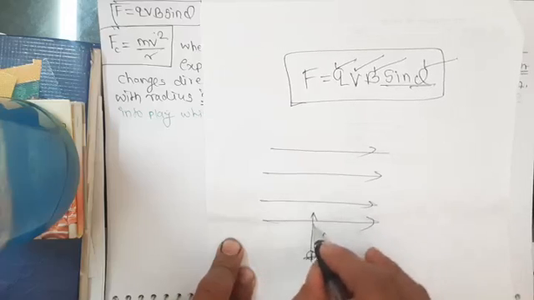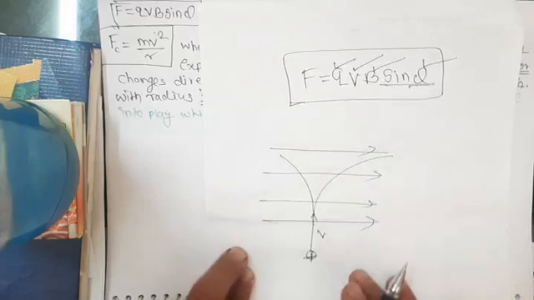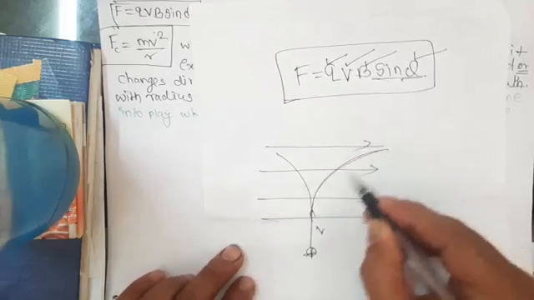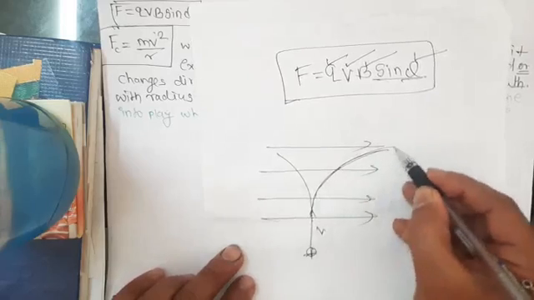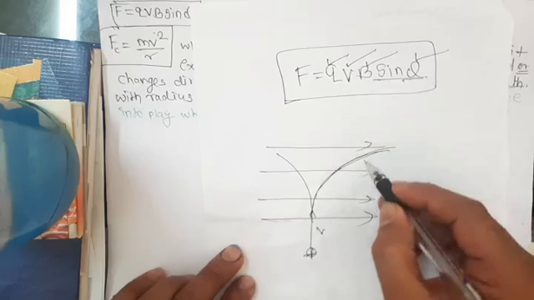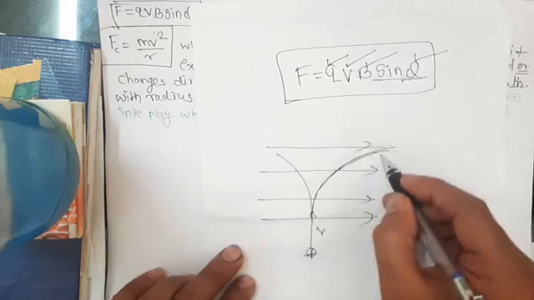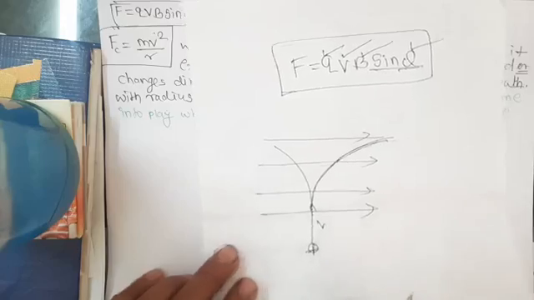Maybe it will deflect to this side or this side, depending on Fleming's left hand rule and right hand rule. Once it is deflected, what will happen to this charged particle? Whether it will trace any other path, or whether it will just move or come out from this magnetic field. That we are going to learn today.